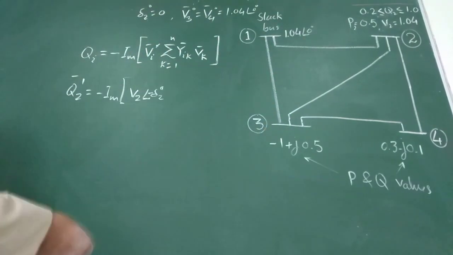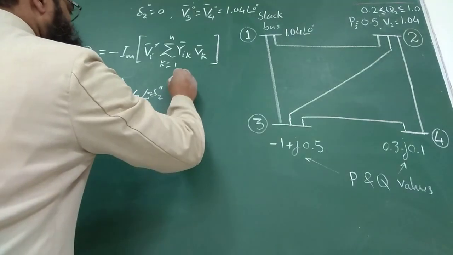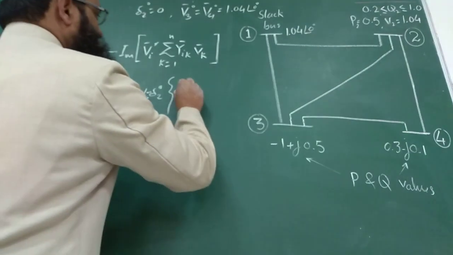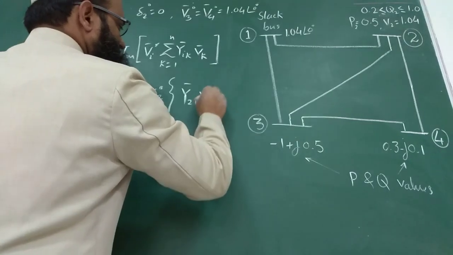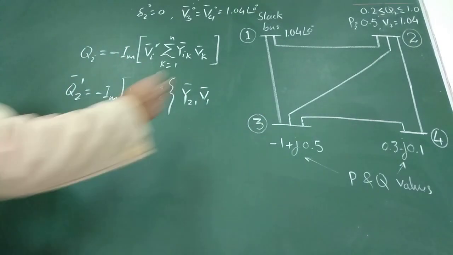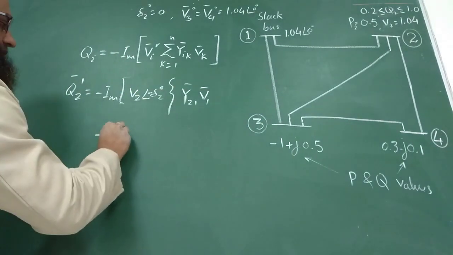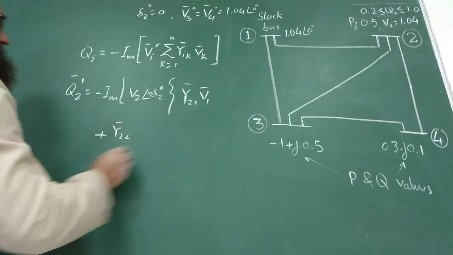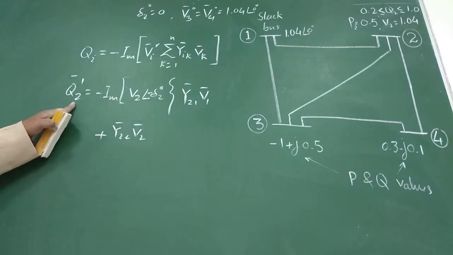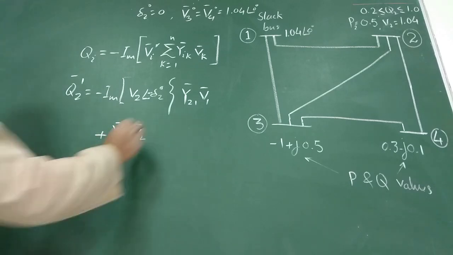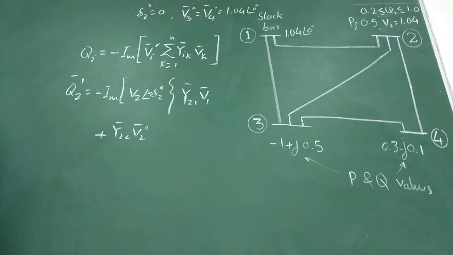Put the values. Take i is 2. So Y21 V1 plus, I am writing here, Y22 V2, so Y22 V2(0). Is it not?